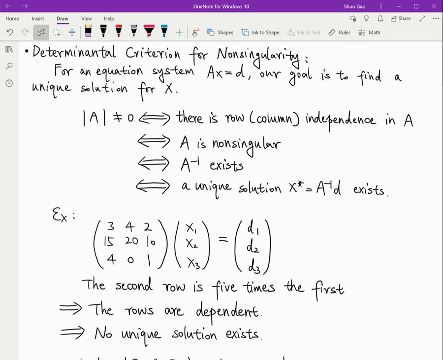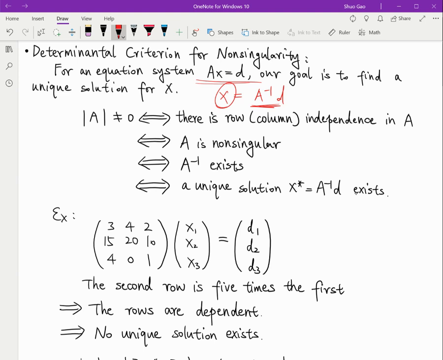So here, for our equation system, Ax equals d. As I said before, if you want to solve this equation system, then x is A inverse times d, right? So that means that if we want to find a unique solution for x, we have to make sure that A inverse exists.